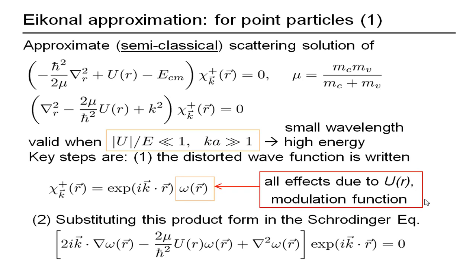Okay, now I haven't made any approximation here. I'm just saying this function I'm going to represent as a product of 2 bits, and now if I substitute this assumed form into the Schrödinger equation, I can find the equation which omega must satisfy in order that this is indeed a solution of this equation. Okay. So that's what the next line does. I substitute this into here. I differentiate the products because they're products now, and if I do that, I get this guy sitting down here.